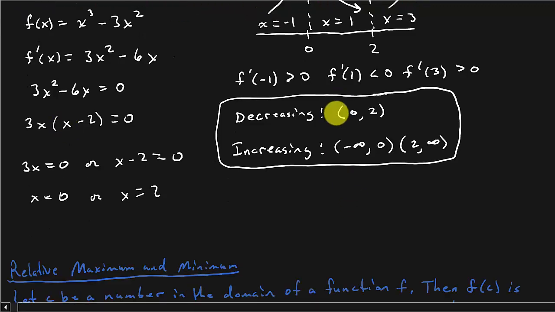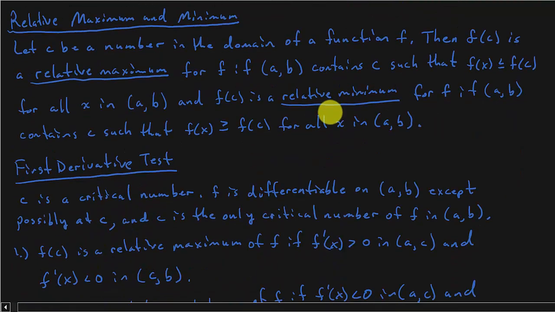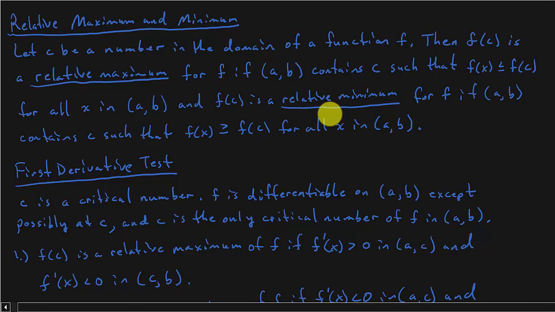Okay? All right, let's look at this. We've got relative maximum and minimum. Let c be a number in the domain of a function f, then f of c is a relative maximum for f if (a,b) contains c such that f of x is less than or equal to f of c for all x in (a,b), and f of c is a relative minimum for f if (a,b) contains c such that f of x is greater than or equal to f of c for all x in (a,b).